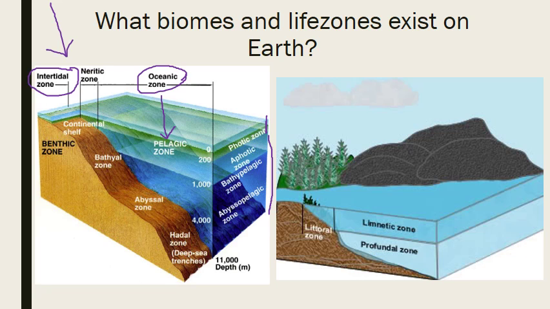The freshwater life zone really depends on whether you're talking about a river or you're talking about a lake. We have already talked about the parts of a river. So if you're not comfortable with those, go back to the water use lecture set and make sure that you understand that. For a freshwater life zone, what you have is basically three parts. So the coastal area here that's on the edge of the lake is called the littoral zone.